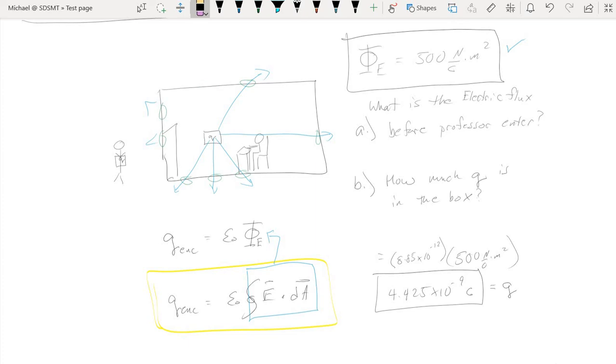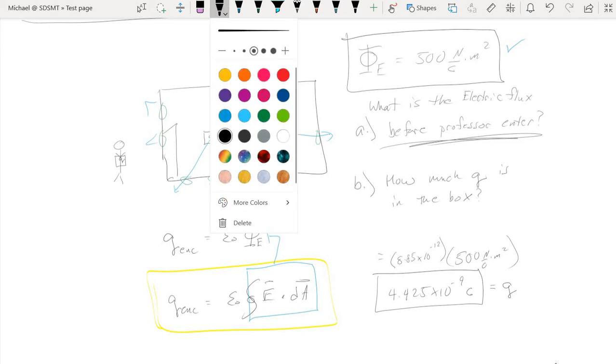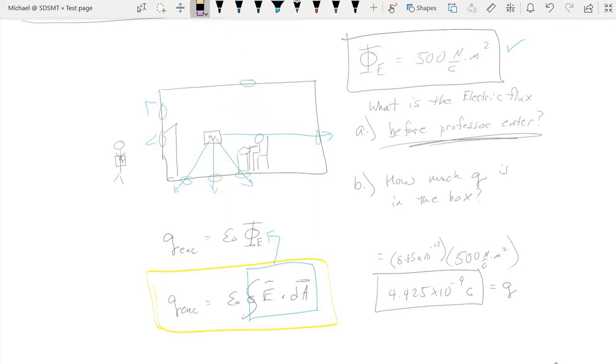Another way that we could answer this question is just using the basic concepts of Gauss's law. If you're using your classroom as a Gaussian container, how much of the charge is currently being contained by the room?